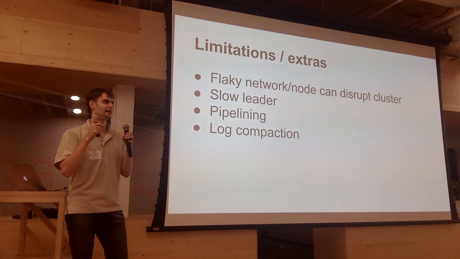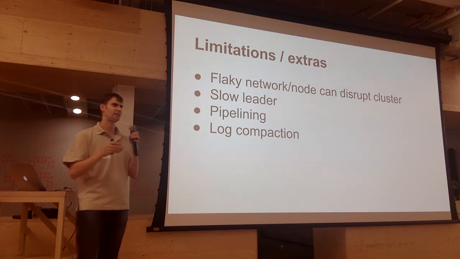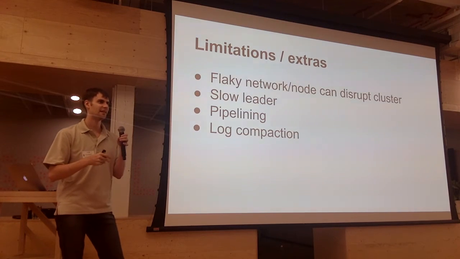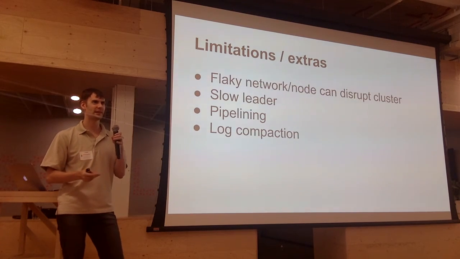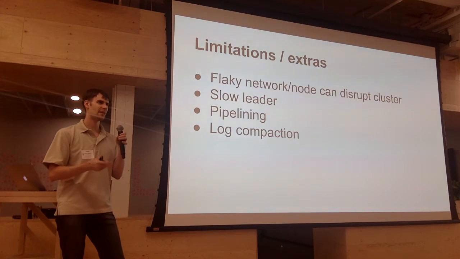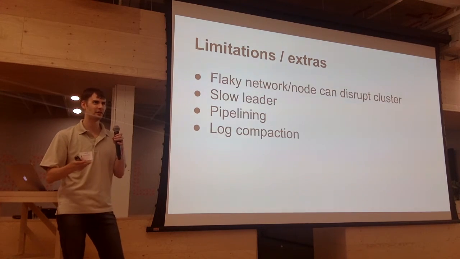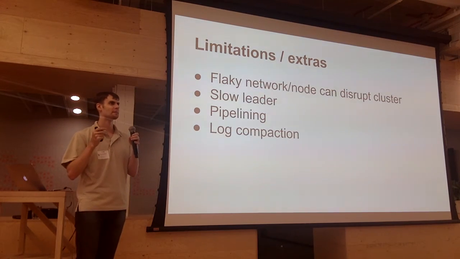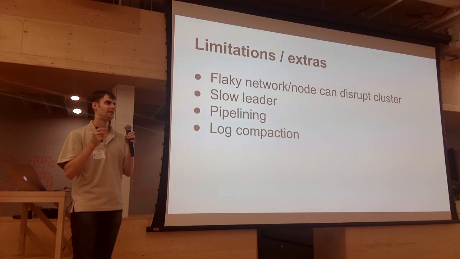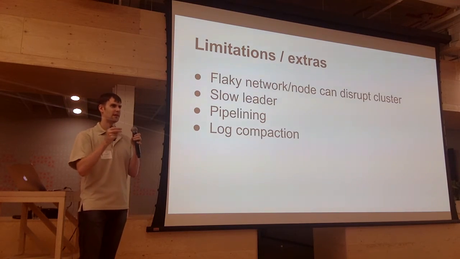In the paper, they don't talk about a way of dealing with this, but in the thesis, they mention that there's no real perfect way of dealing with this, but one way that they came up with, which I think solves basically all practical considerations, is you can introduce a phase before leader election.